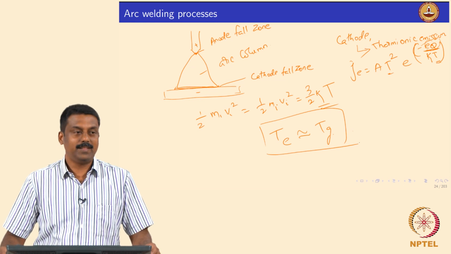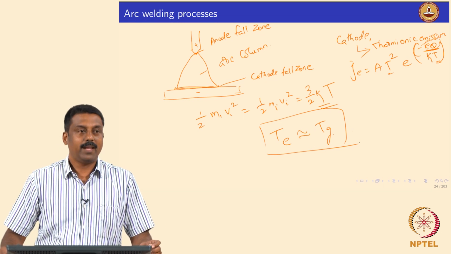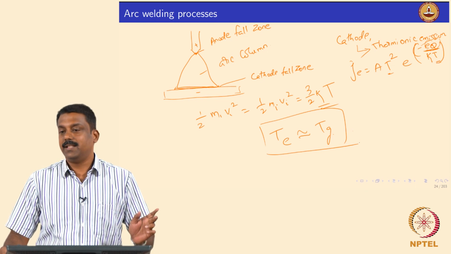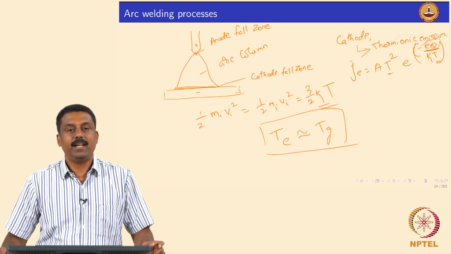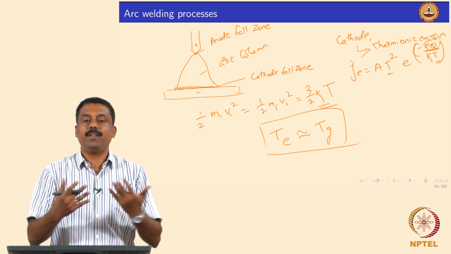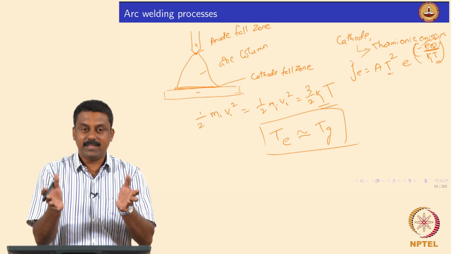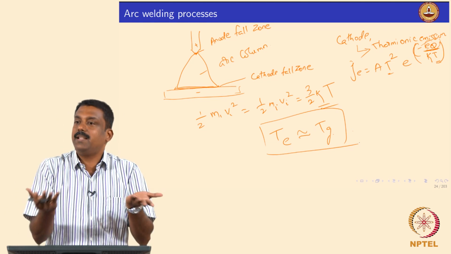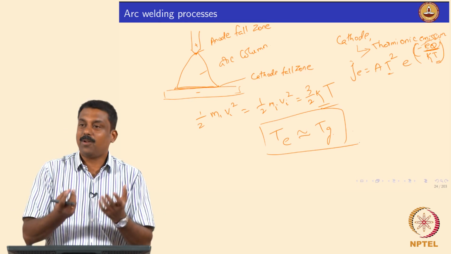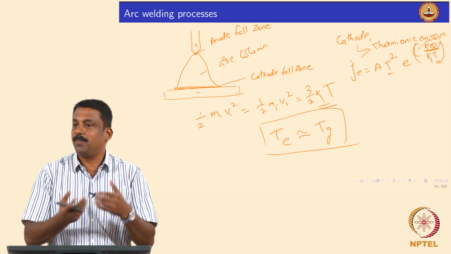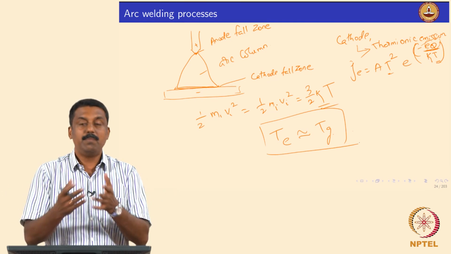But in our case, the electrons are slightly higher in number density, and the drift velocity of electrons is much higher than the ions. What is drift velocity? After a collision, in between two collisions, because of their low mass, electrons can travel much further than the ions. The average drift velocity between two collisions will be much higher for electrons.